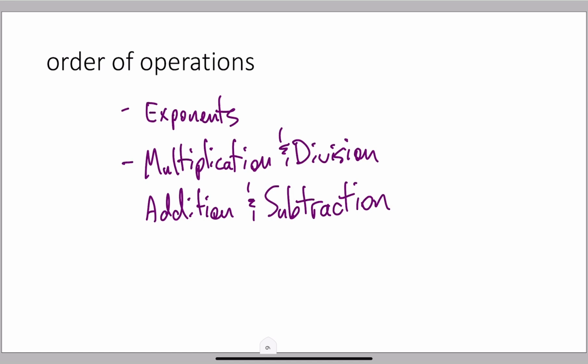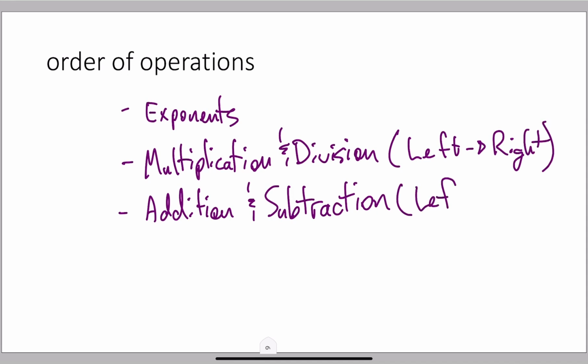Then we take care of everything with multiplication and division, because that's repeated addition and subtraction. And then we take care of all the addition and subtraction. And we do these from left to right, because we read from left to right. And so the things on the left get priority.